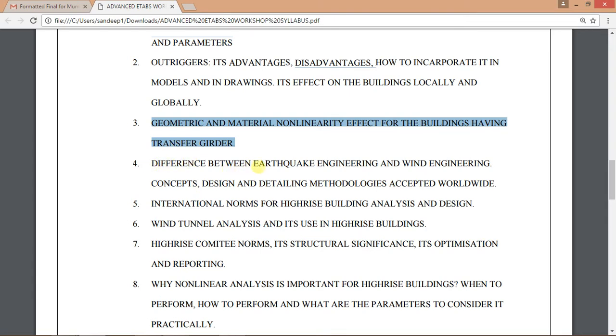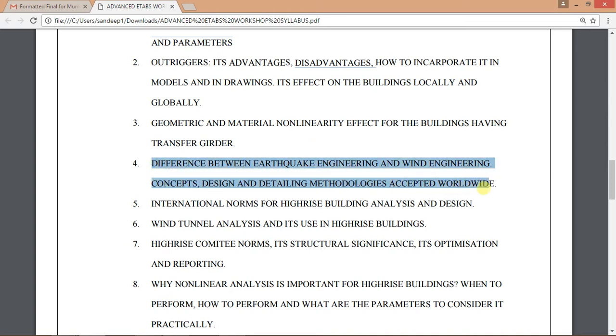The fourth thing is the differentiation between earthquake engineering and wind engineering. These are the concepts that will be taken up during the workshop: designing, detailing and their methodologies accepted worldwide. So what's the key difference between earthquake and wind?